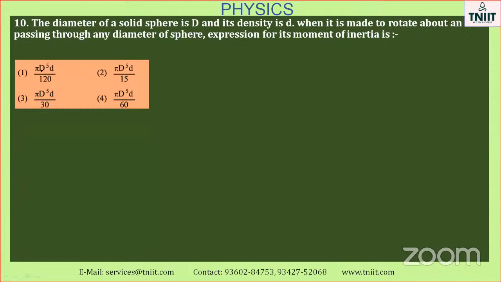The diameter of the solid sphere, it is a solid sphere, is d. Density is d. It is made to rotate about an axis passing through the diameter of the sphere.